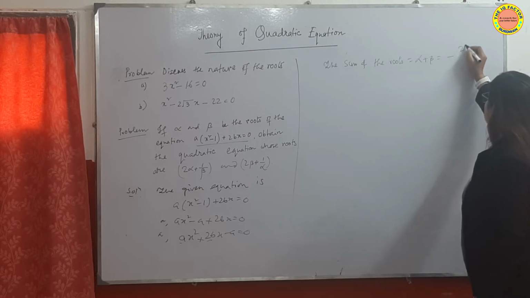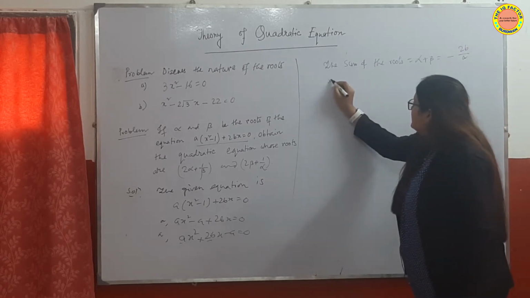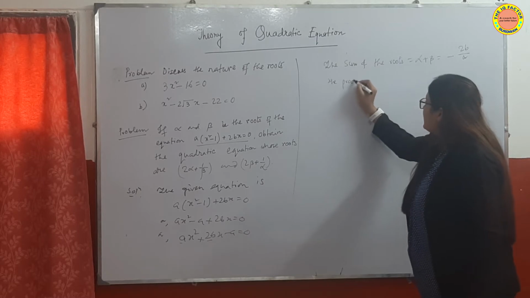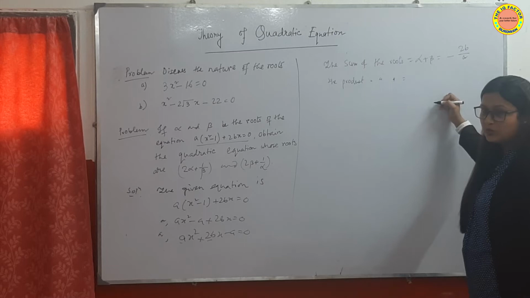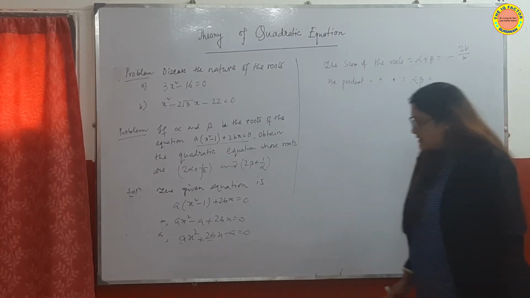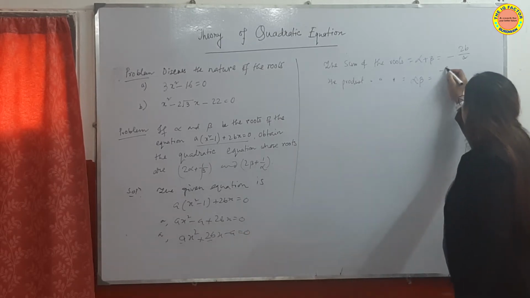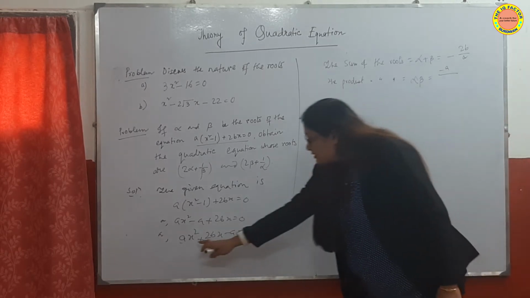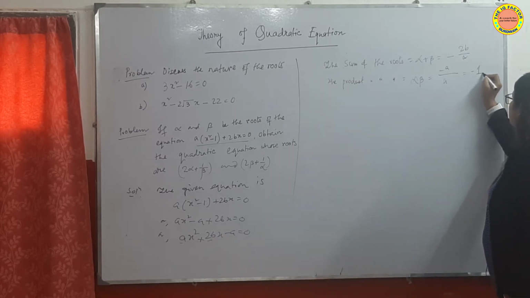So it is minus 2b by a. The product of the roots, alpha beta, we know is c by a. Here the constant term is minus a, and the coefficient of x square is also a, so it is minus 1.